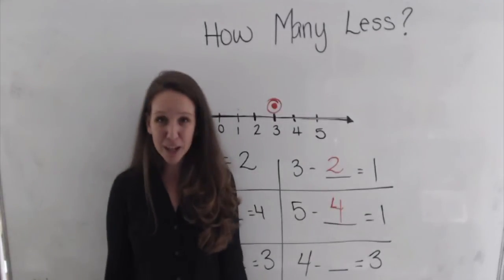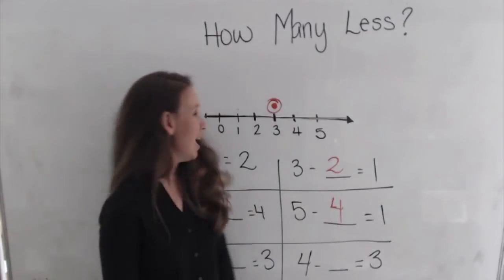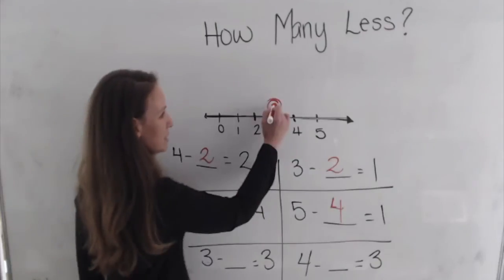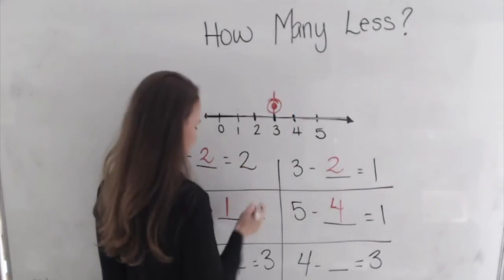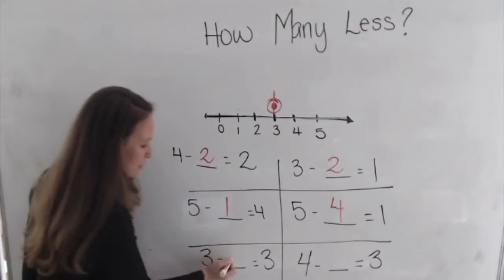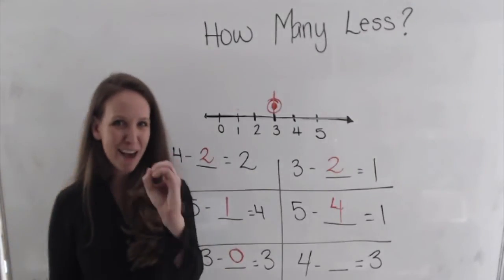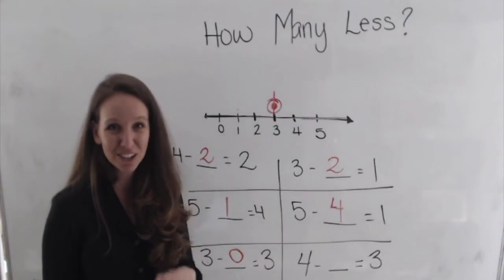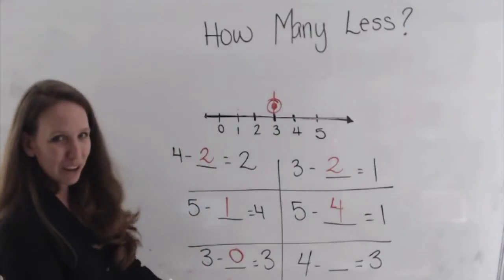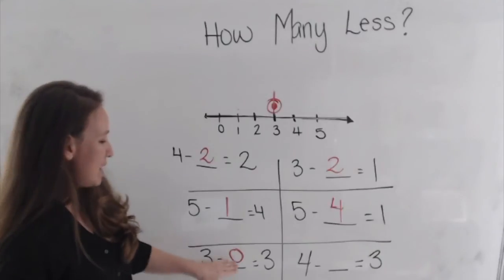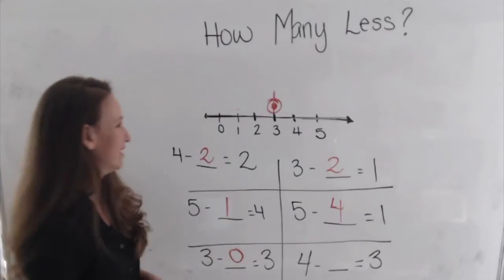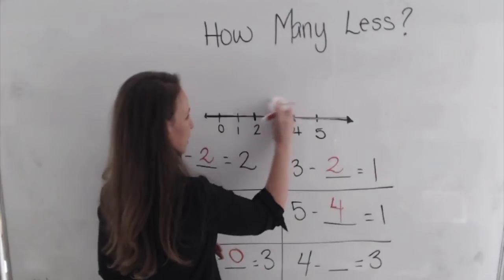So, am I going to move? No, I don't move at all. In fact, I'm staying still, which means I'm not moving. I'm going 0 humps. I'm going nothing, nada, 0, zilch, nowhere. So 3 minus 0 is 3, because I'm not moving.